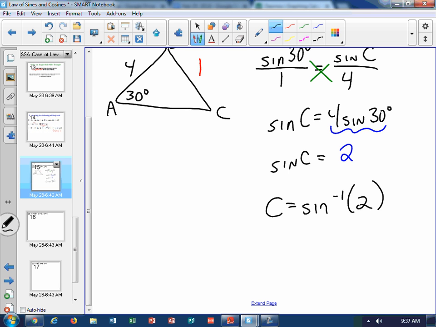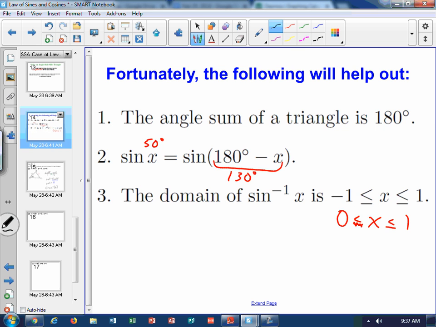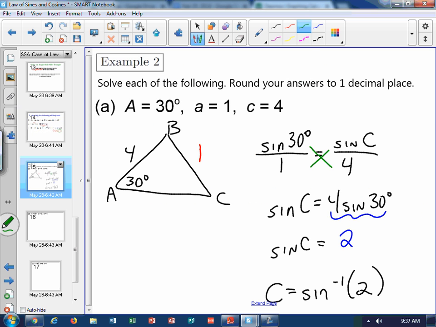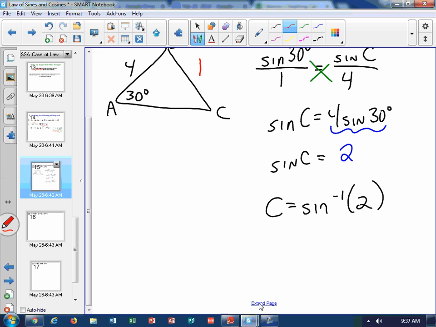When we try to take the inverse sine of 2, we get a domain error, because when we take the inverse sine of a number, it has to be less than or equal to 1 in this case. Because we're trying to take the inverse sine of a number bigger than 1, that can't happen. This problem is actually not a triangle.